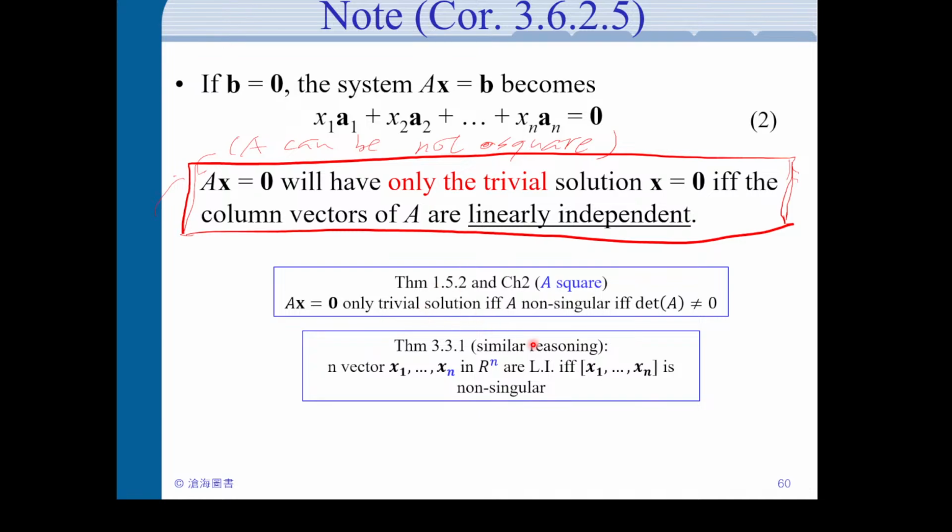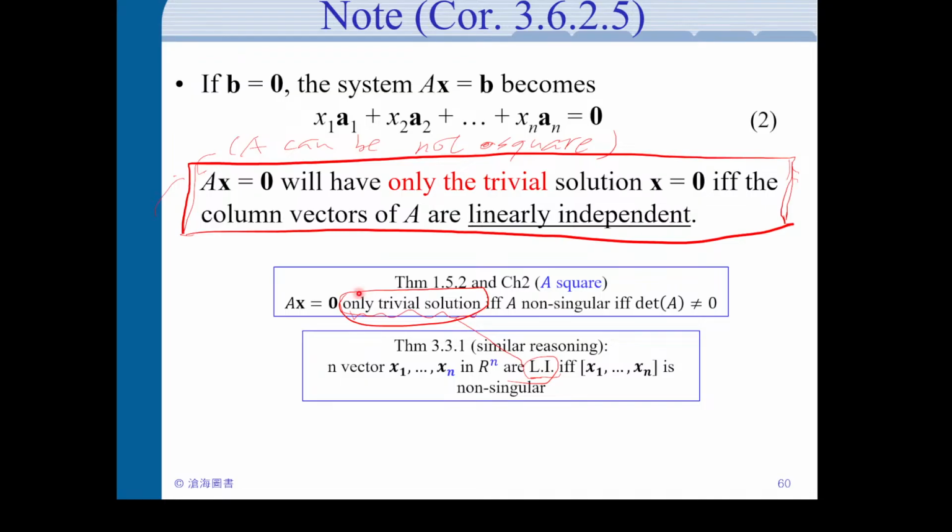In chapter 1 we didn't have the idea of linear independence, so we could only say things about whether your matrix is non-singular, that is, invertible. Being non-singular is a concept only for square matrices. But now we can cut out the middle part and connect these two parts without requiring a square matrix. So these are the corollaries.